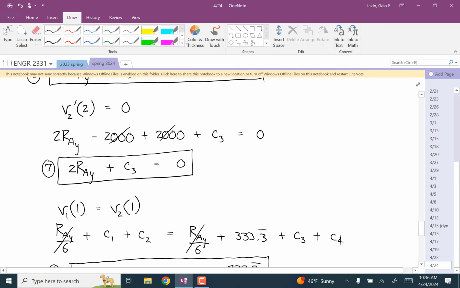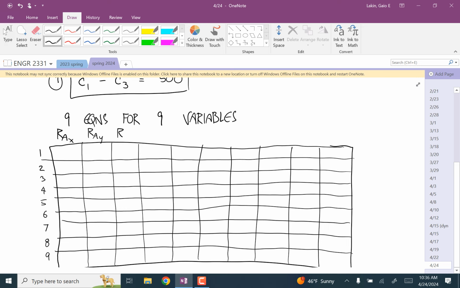Yes. RBX, RBY, MB, and then C1, C2, C3, C4, and then the constants.